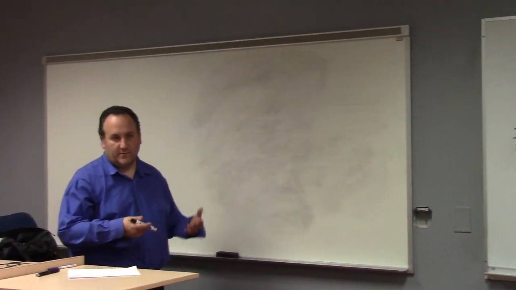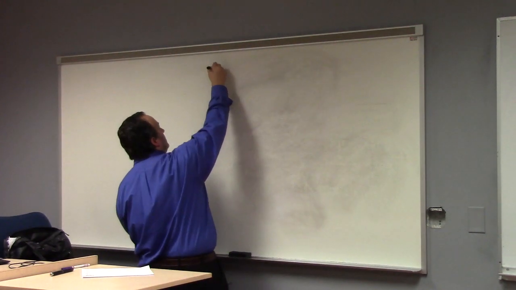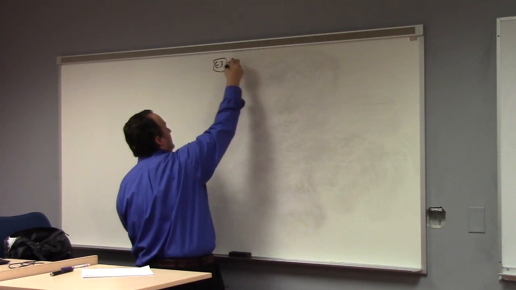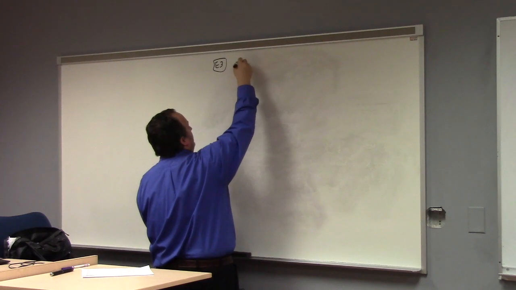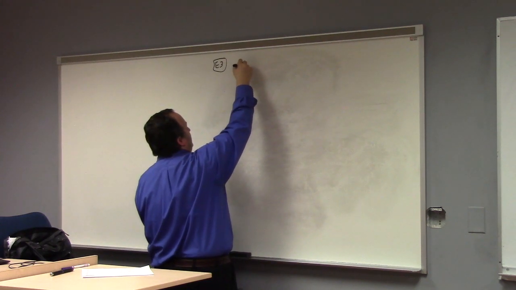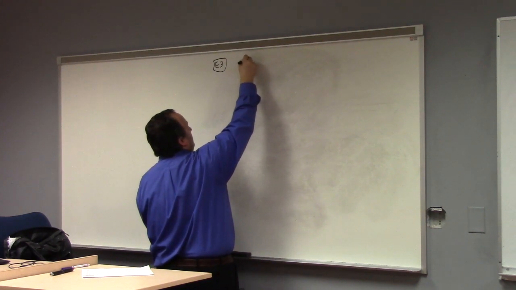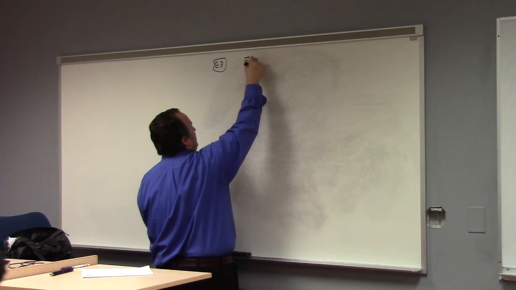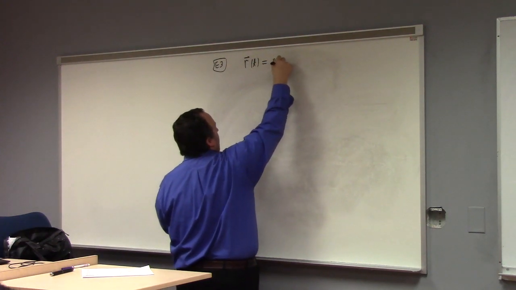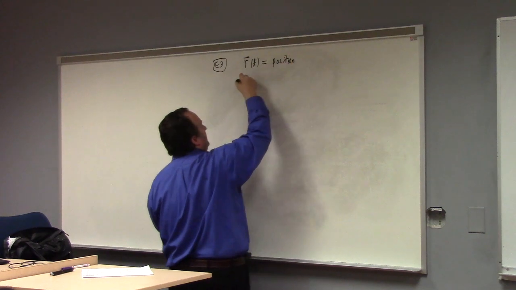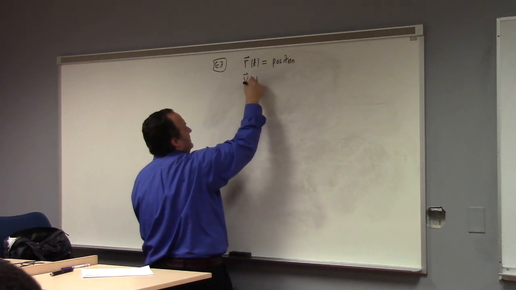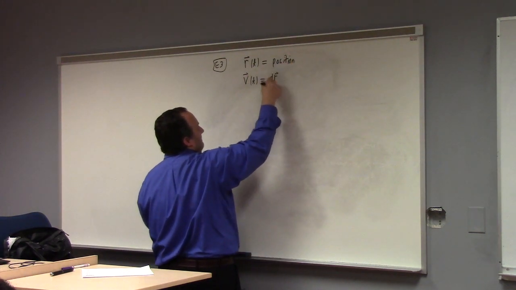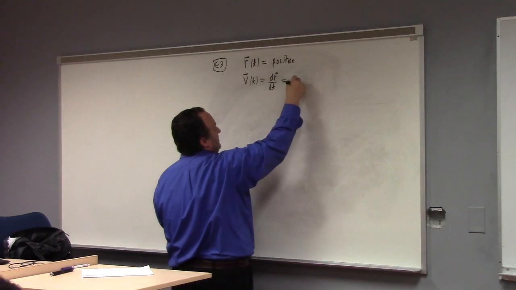All right, so another example. What if you have, well, I needed to make some more definitions here. So let's say R as a function of t is position. V as a function of t is equal to dr dt. This is velocity.